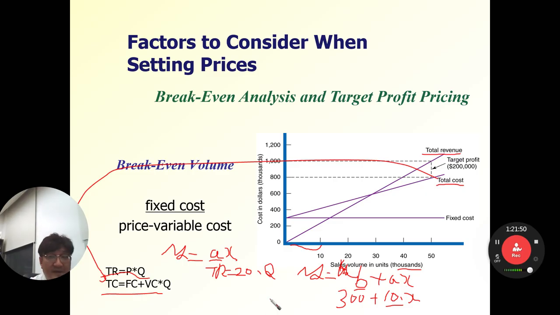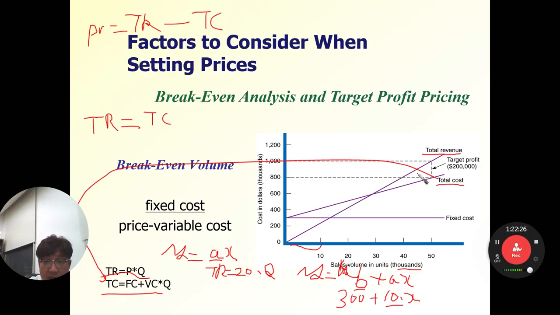You need to find that out only based on this graph. Now, what is the break-even point? Yes, the break-even point is over here. At the break-even point, total revenue equals total cost. What is the profit? Profit is total revenue minus total cost, right?